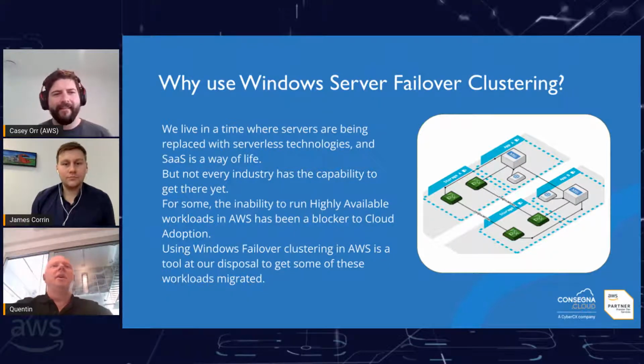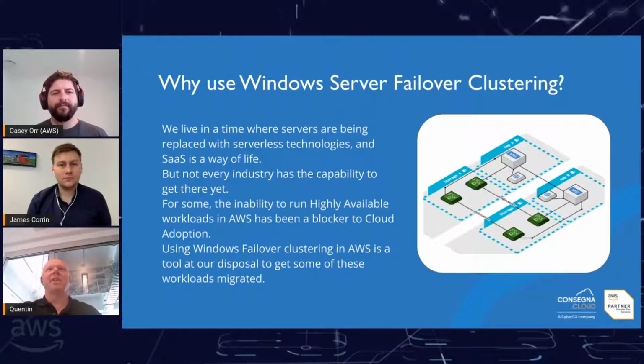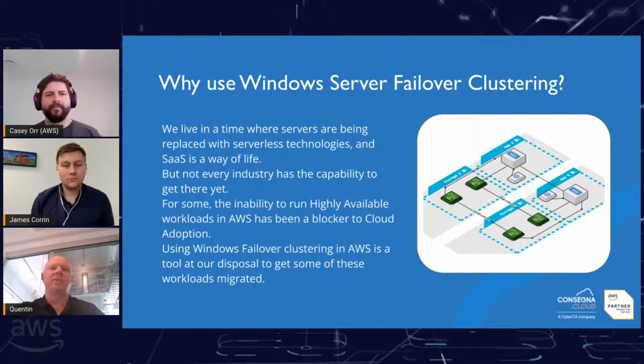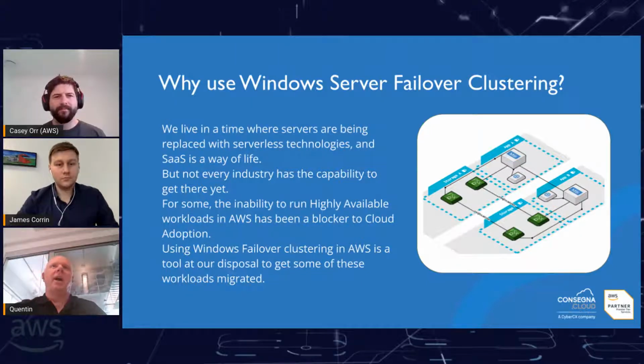Cheers, Casey. Okay, so Windows server failover clustering. It's something of a niche technology when used in AWS. As James alluded to, on-premise, this has been around forever. Now that the New Zealand government is mandating a cloud-first approach to new workloads, we're seeing a lot of migrations now.